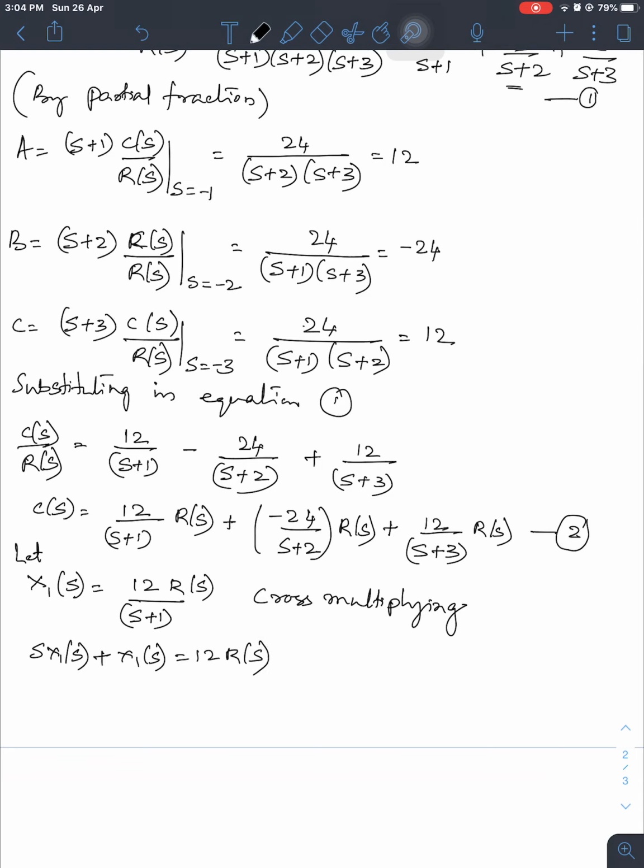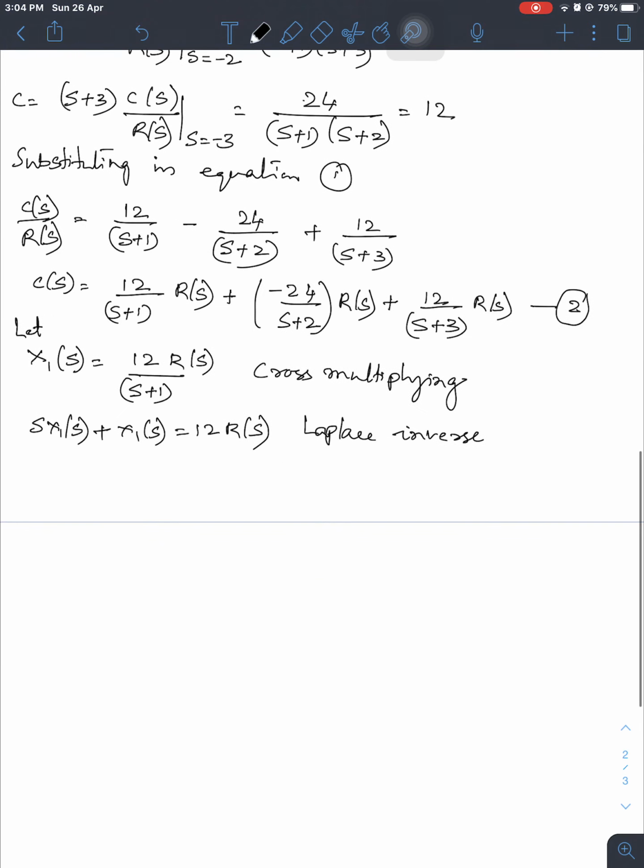We will take this X1 onto the other side and take Laplace inverse. What do we get? This would be x1 dot equal to minus x1 plus 12 into r. This is the equation 3.